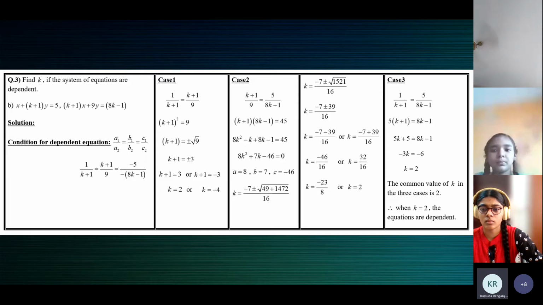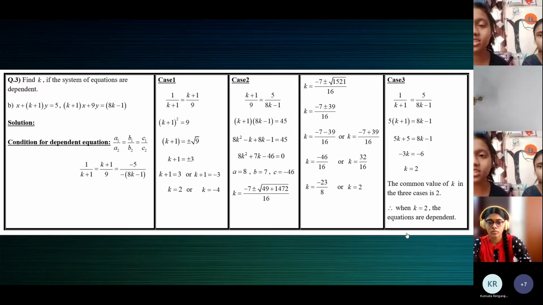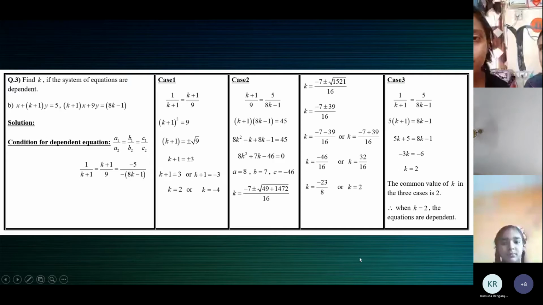Children, do you think I'm right in allowing you to go through and understand, or you feel I'm escaping my work? Yes, please comment. It is easy to go through, ma'am.